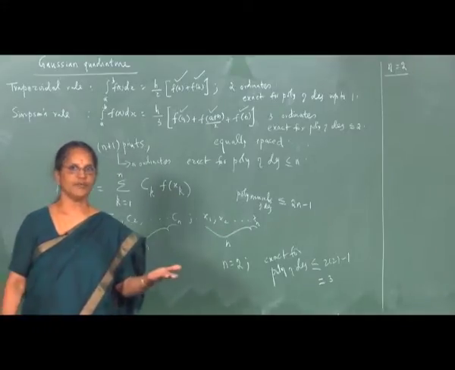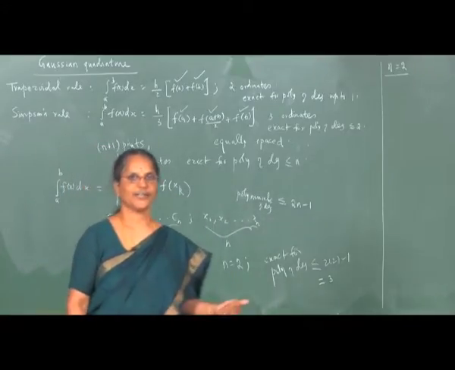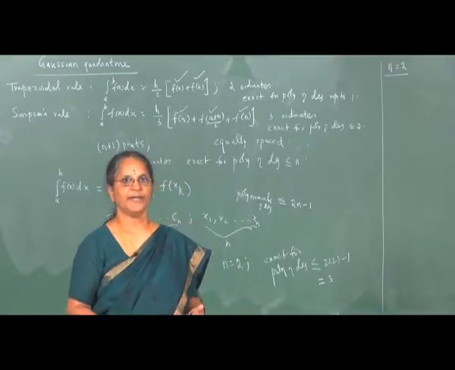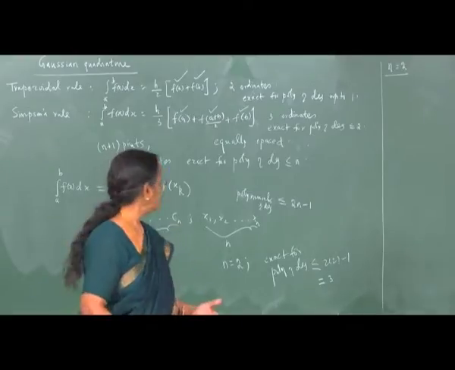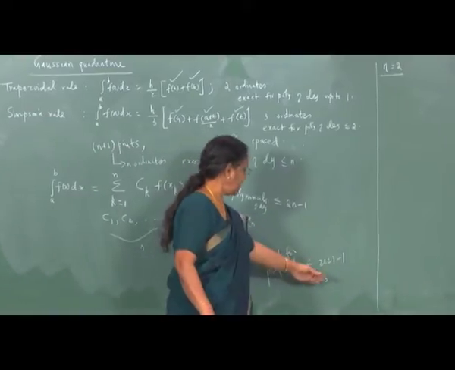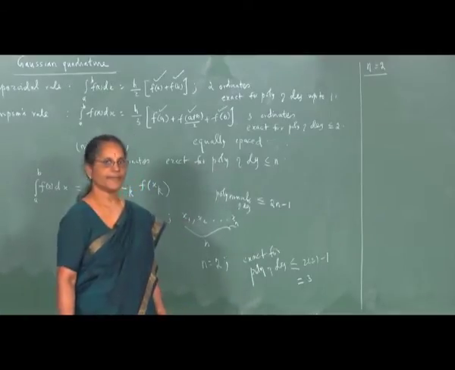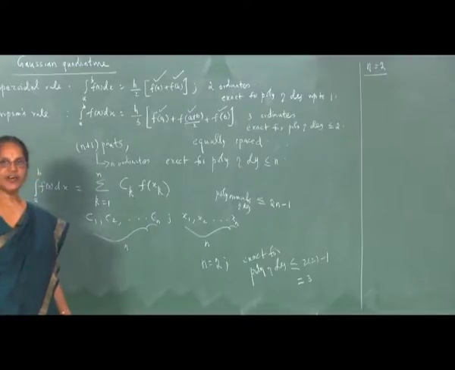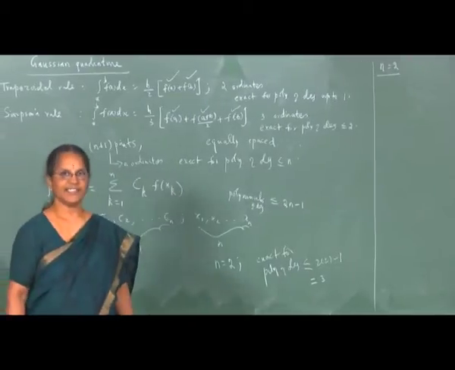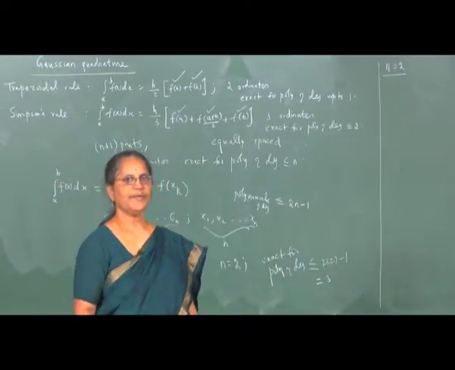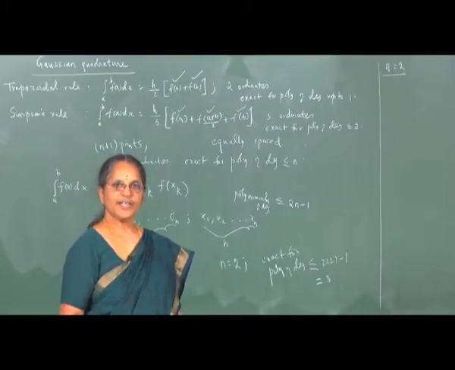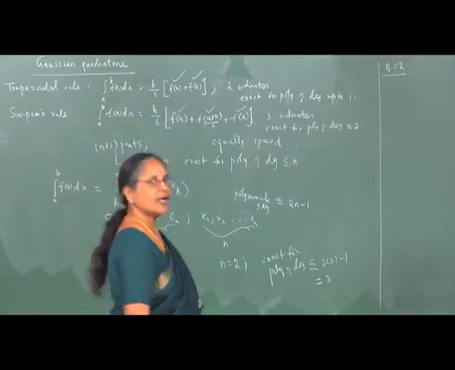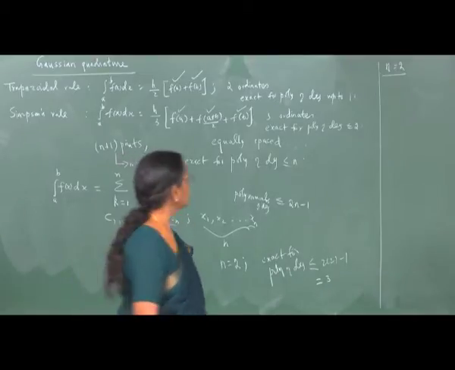You do not know c_1, c_2, you also do not know x_1, x_2, but the method must be exact for polynomials of degree less than or equal to 2 into 2 minus 1, namely less than or equal to 3. So, this requires the knowledge of the properties of Legendre polynomials. So, we briefly present those results and use them in the derivation of Gaussian quadrature methods.